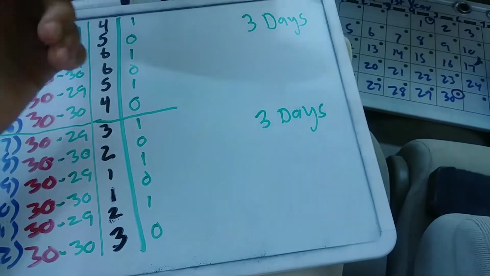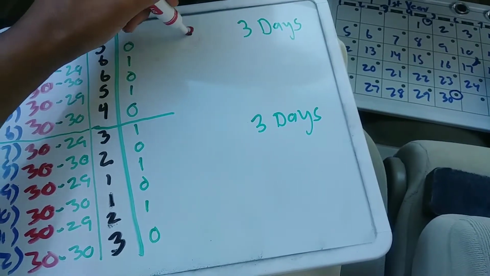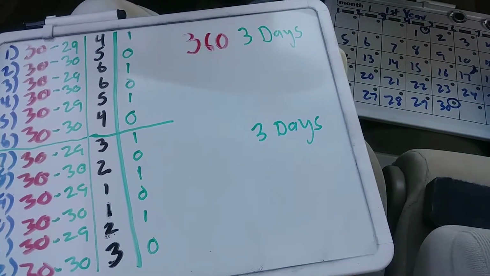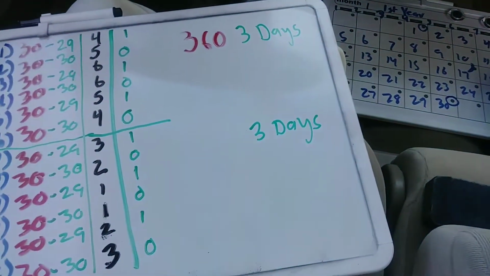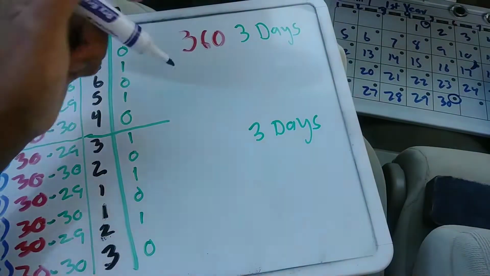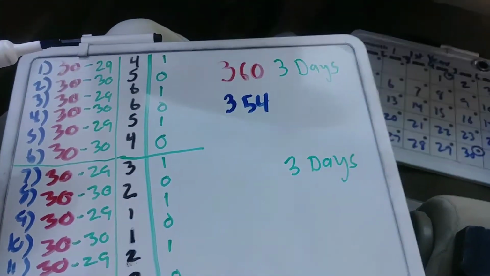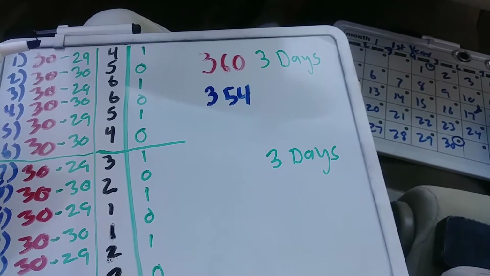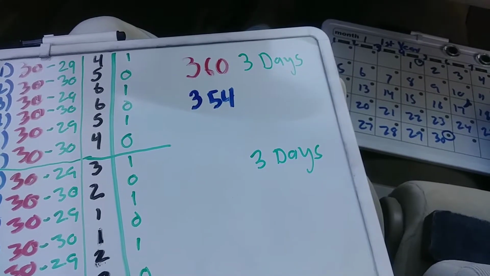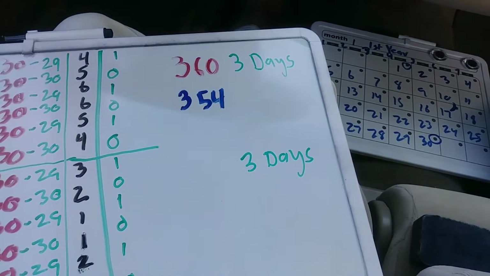At the end of the year, the sun has a total of 360 days, while the moon has a total of 354 days. Okay? So the moon here is apparently behind 6 days.